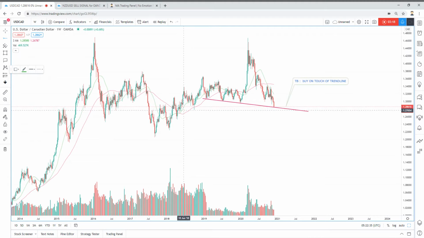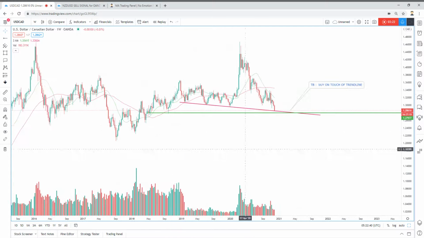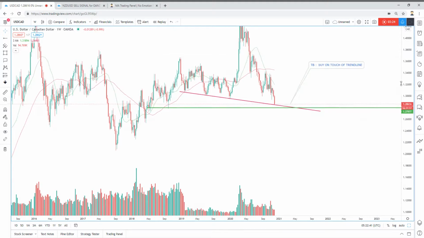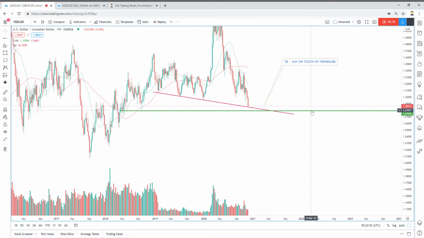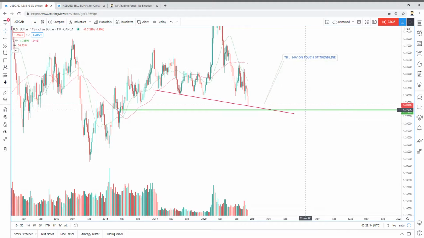This was the support where, when price started moving higher, it stalled here for a while, but price kept on moving higher, and this support was tested again by this wick. So this is the trend line. If a candle closes below this trend line, then I'm going to exit the trade. So this is going to be my stop loss.